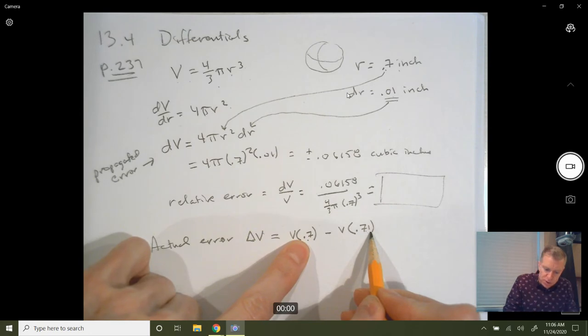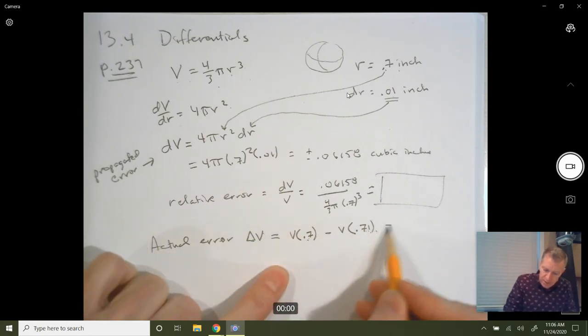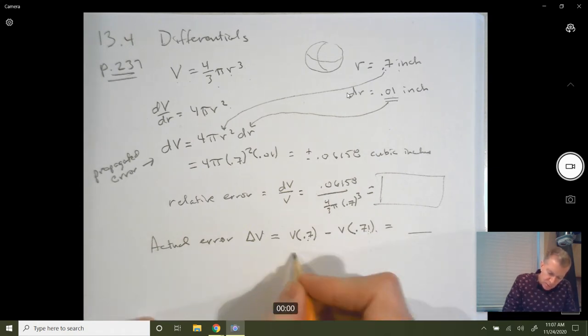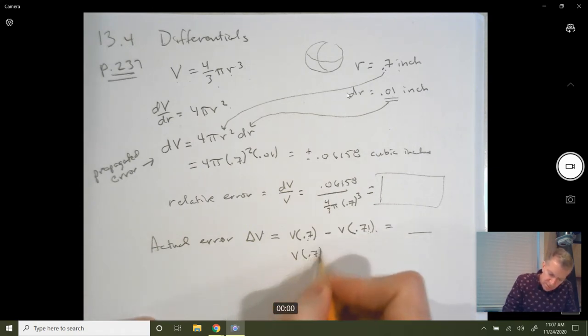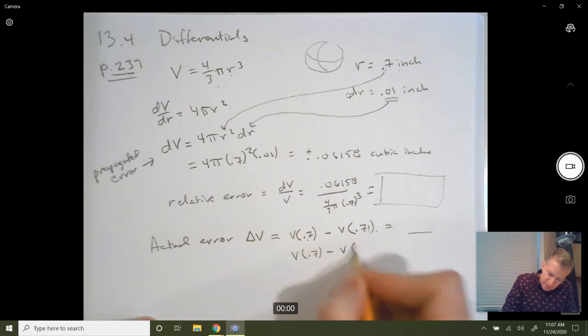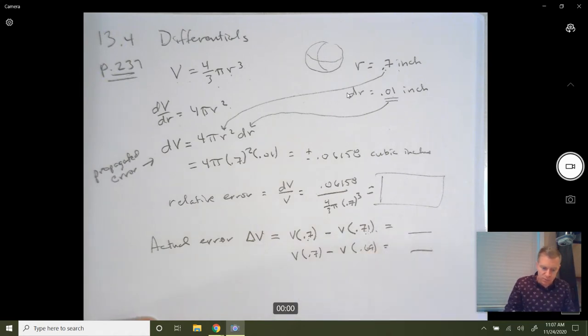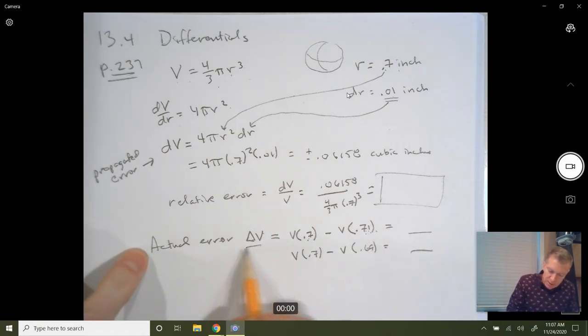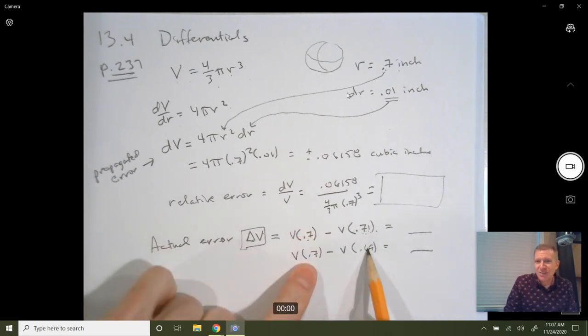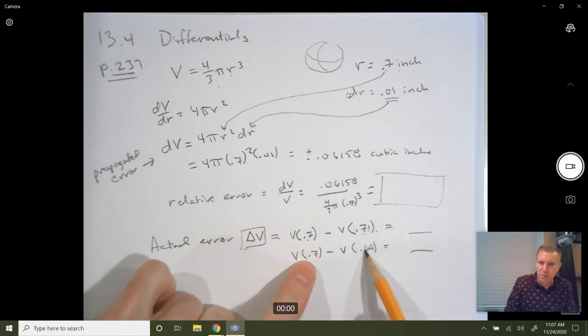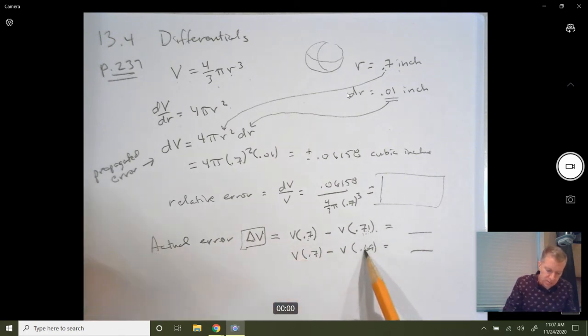So your actual error, if it's up this much, would be some value. Your actual error, 0.7, minus the volume calculated at a radius of 0.69, and you could get an error there. So that's an actual error. This is something that we usually didn't even need calculus for. We're just plugging it in, and this assumes that we actually have a calculator or some way to calculate this. We don't need calculus to come up with an approximation.